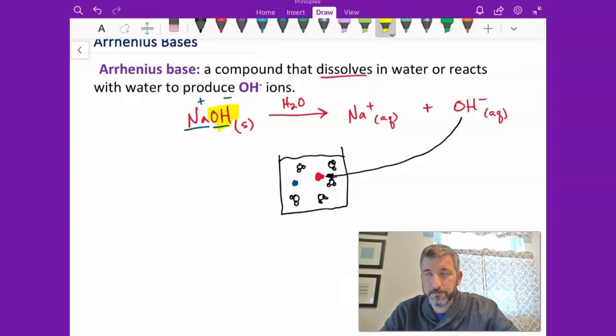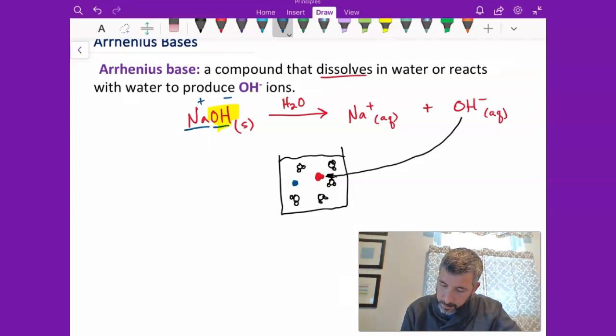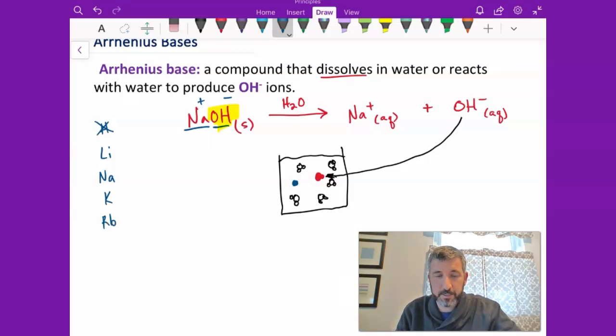So it turns out that the metals in group 1, if you were to look at the periodic table, in group 1 you would have hydrogen, which we're going to skip, but the metals below hydrogen: lithium, sodium, potassium, rubidium, cesium, and francium.